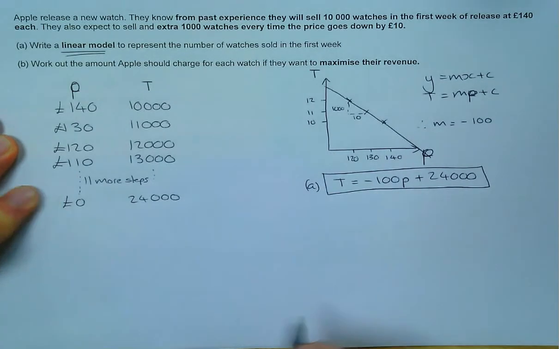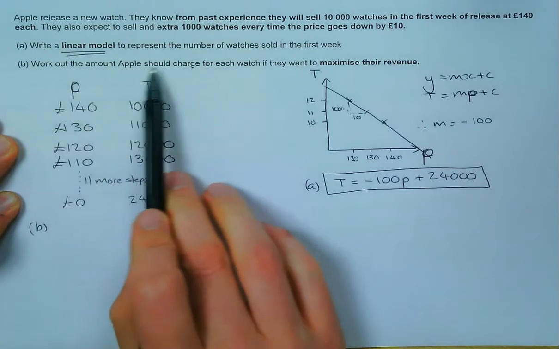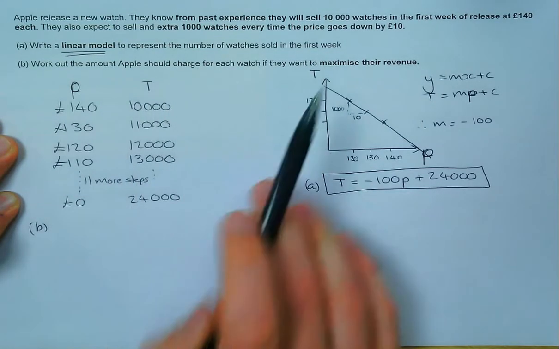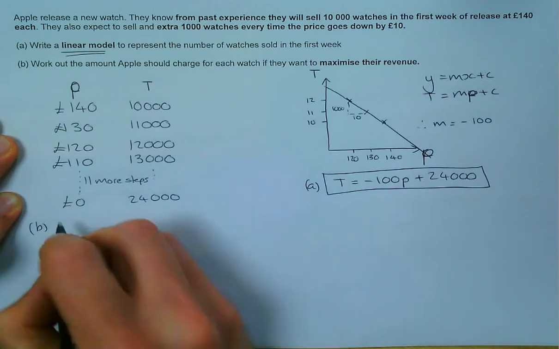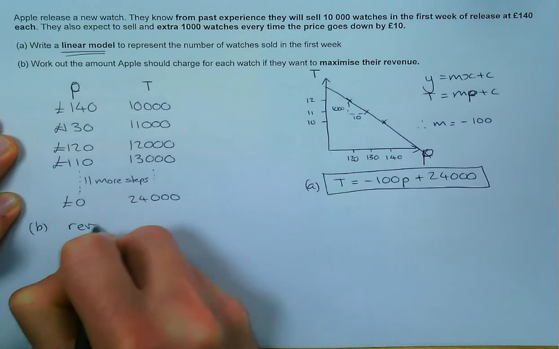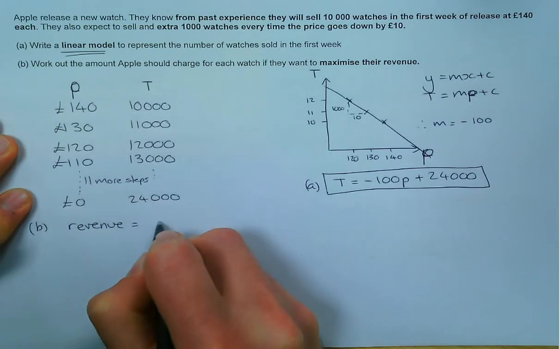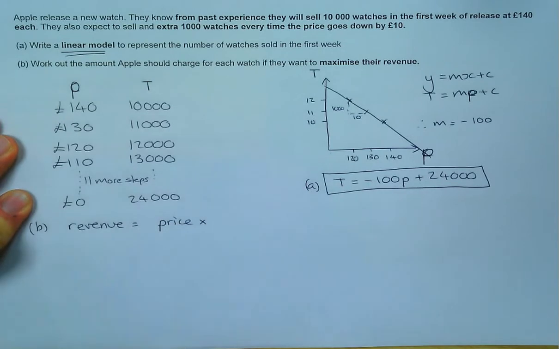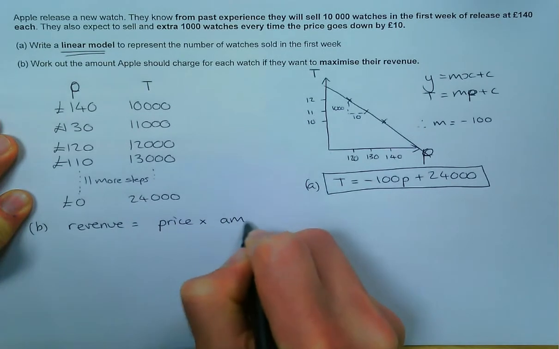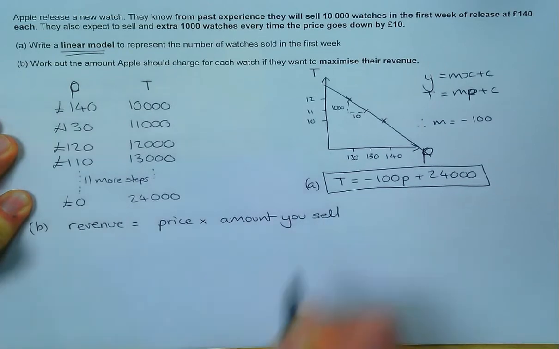So now part B. It says, work out the amount Apple should charge if they want to maximize their revenue. So the questions are normally a little bit nicer than this. I'm just painting the worst case scenario. But revenue, that is equal to your price times the amount you sell. Do you need to know that? Probably not, but it's pretty obvious here.